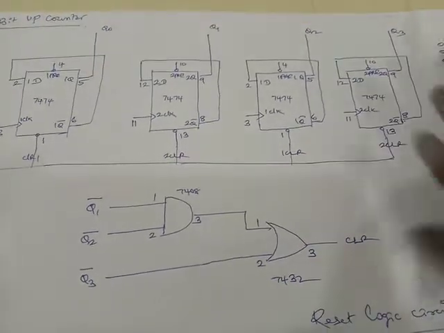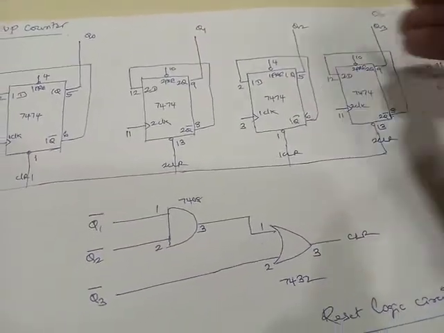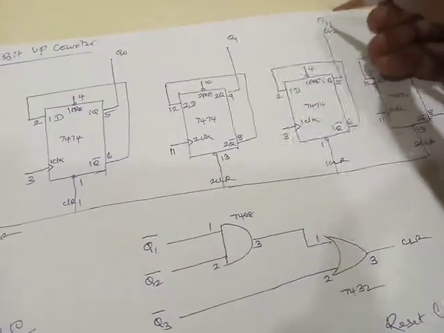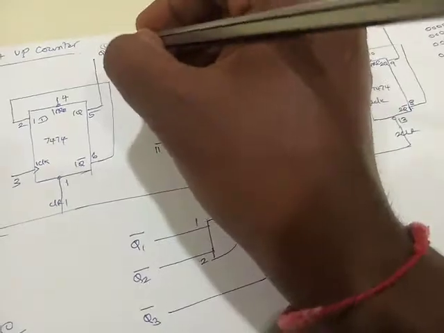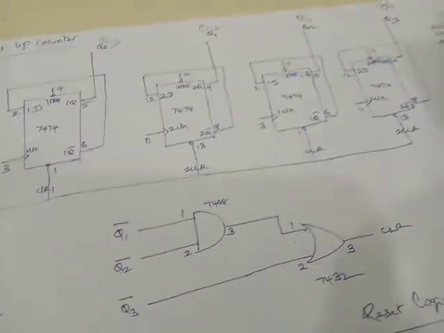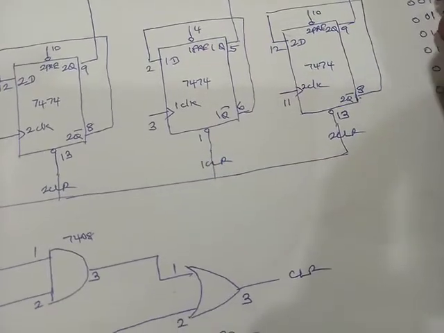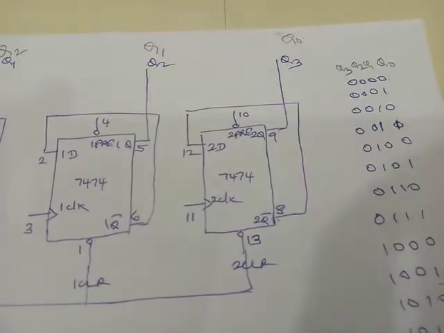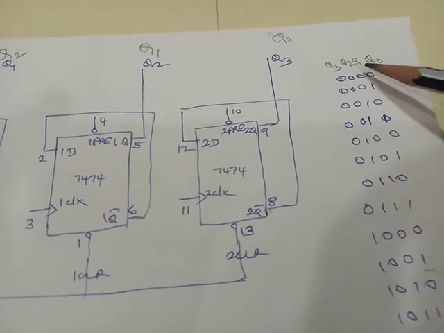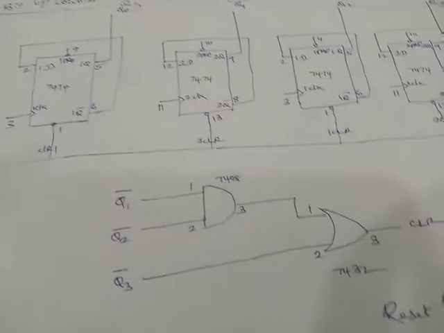As per theory, these are my Q0, Q1, Q2, and Q3 outputs.